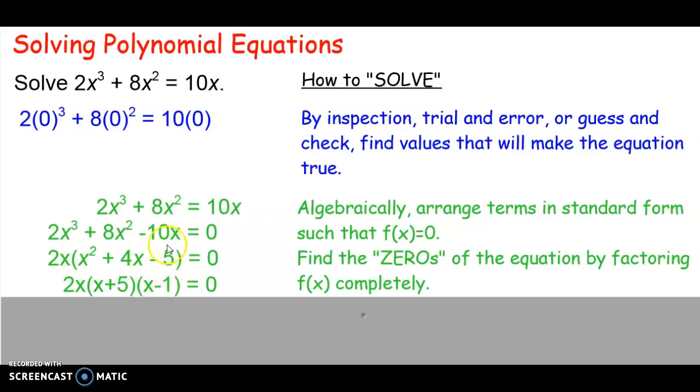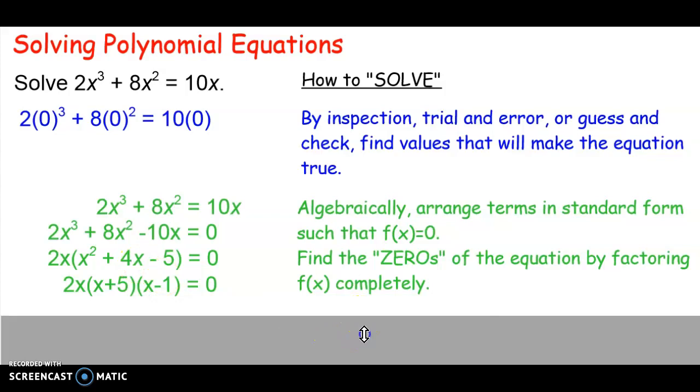Let's find two numbers whose product is negative 5, but whose sum or difference is positive 4. So we know that 5 times negative 1 is negative 5, while 5 minus 1 is equal to 4. So if we factor that completely, we will get 2x times x plus 5 times x minus 1 is equal to 0.